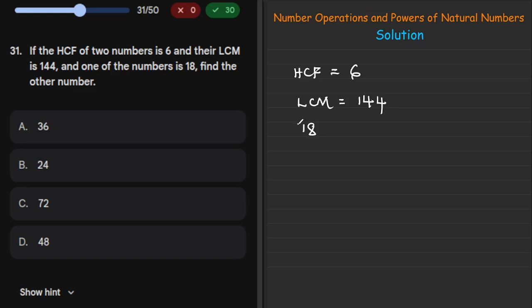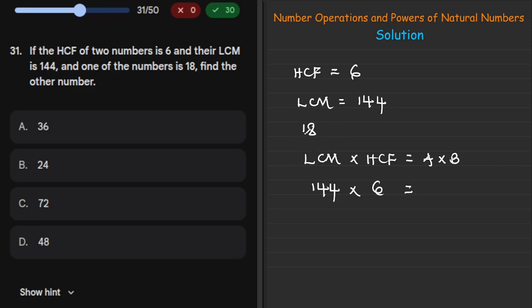I think we solved an example of this in our previous session, which says if you multiply the LCM of two numbers by the highest common factor, it is the same as the product of the two numbers. So A times B. In this case, our LCM is 144. We are multiplying it by our highest common factor, which is a 6.